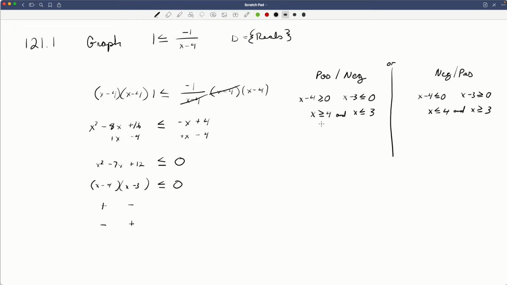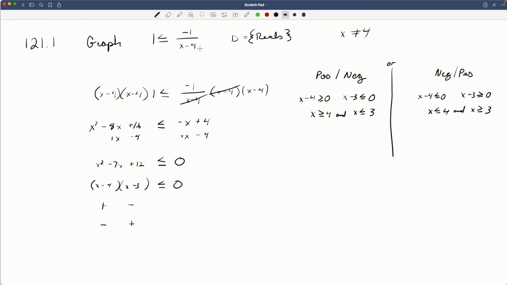All right, so let's look at this. This is impossible. X is greater than or equal to 4. First of all, remember, before we start looking at solutions, let's look up here. X cannot be 4, because if it's 4, then 4 minus 4 would be 0, and you cannot have 0 in the denominator.